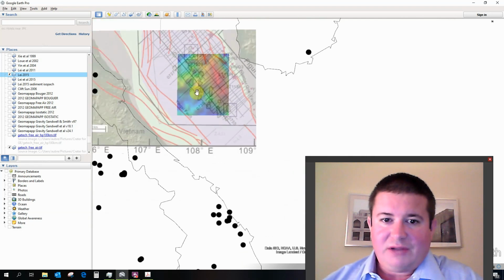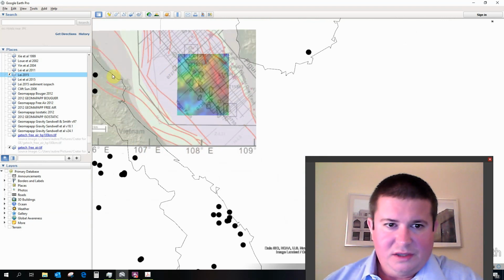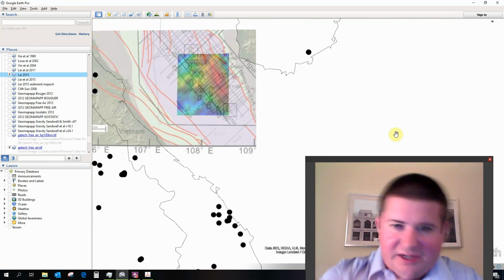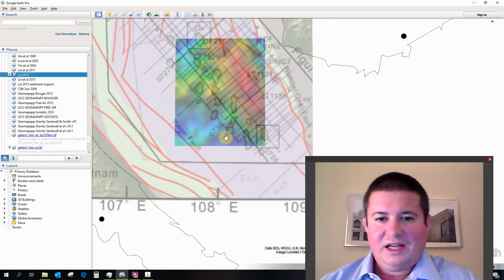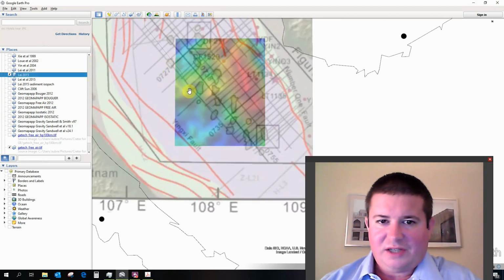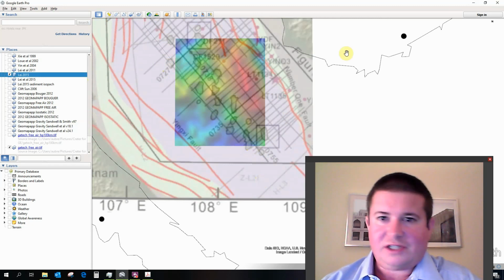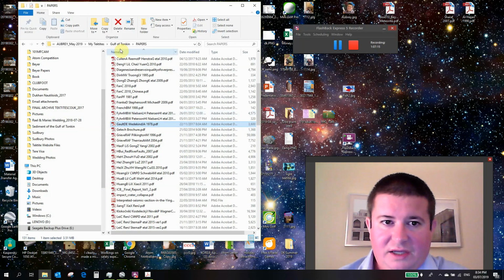Now, I'm not sure about the exact positioning. Okay, we got grids, but this is aligned to the grid, by the way. But look, the land area doesn't work, so maybe it's shifted a little bit this way or a little bit down here. It's not quite working there. Anyway, I would like to get this line, and I would like to know exactly where that line is. This line is the only one we've got to work with, and it's very low resolution. So let's have a quick look at that line.